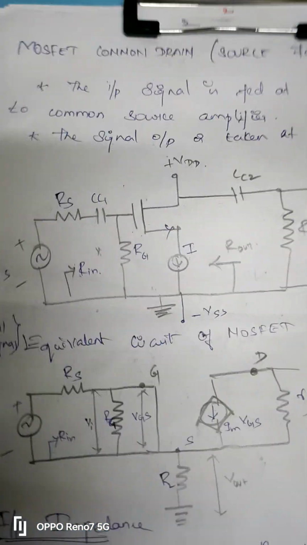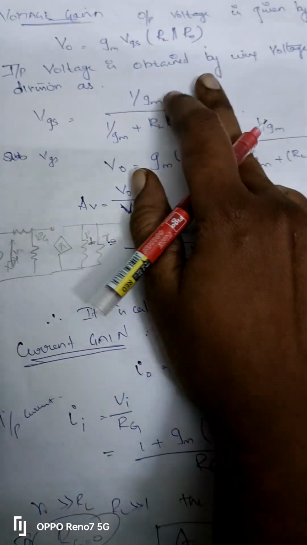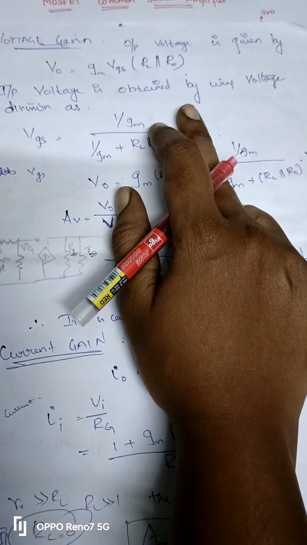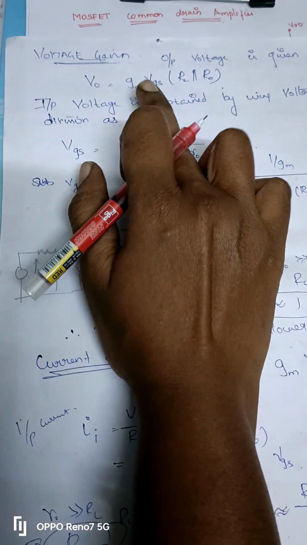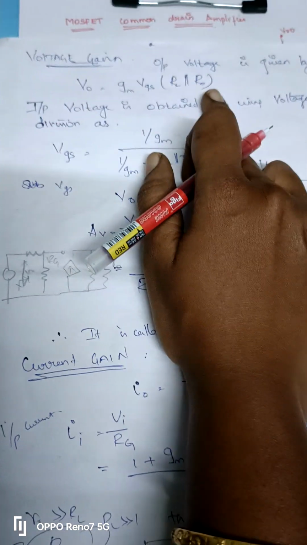Then the voltage gain. The output voltage is given by Vout equal to gm VGS times RL, the load resistance, in parallel with the output resistance r0.